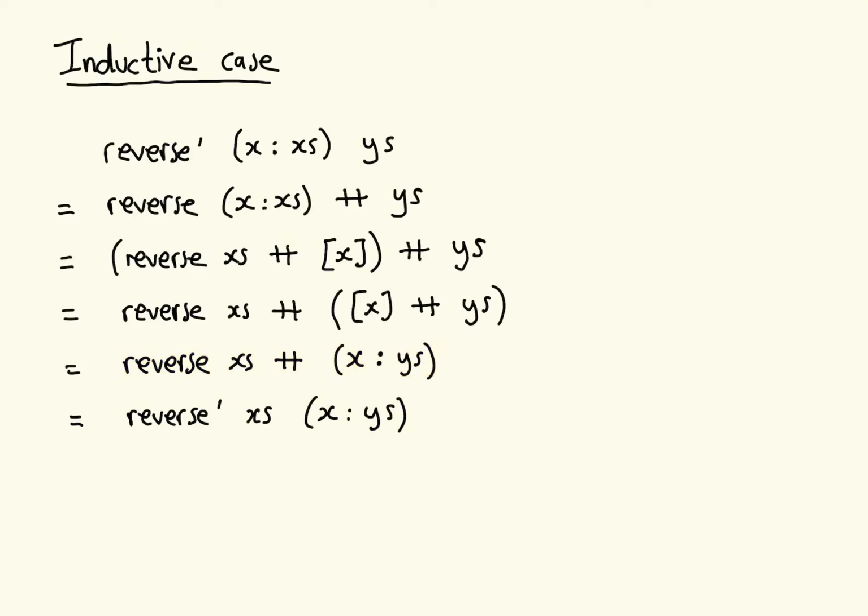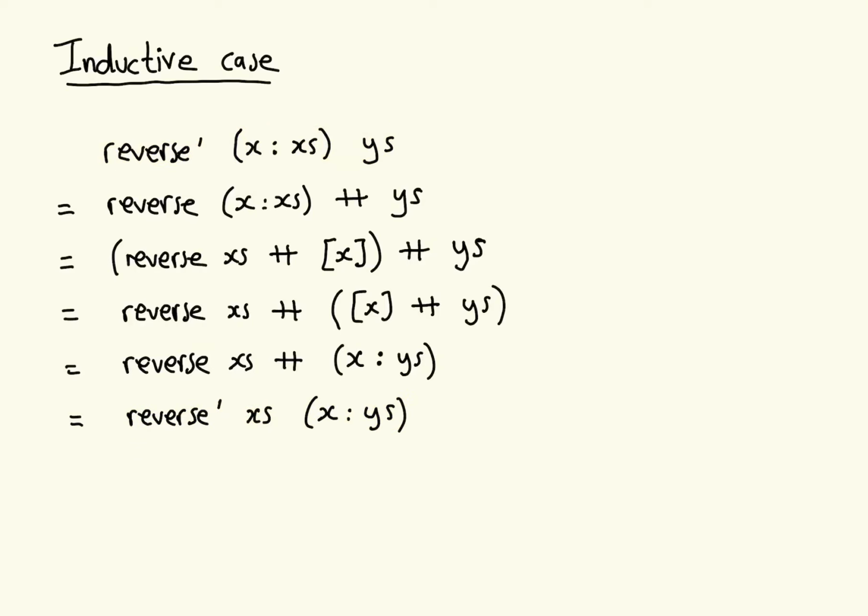What we've actually done by the process of constructive induction is shown that this expression here is the same as this expression here. And just as in the base case, this gives us the definition for the reverse prime function, this time in the recursive case.